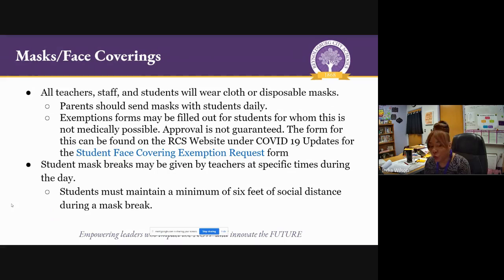But you are invited to go to the COVID-19 site on our page. It's in big red letters on the district website, and look for the Student Face Covering Exemption Request form. Teachers will give students a mask break from time to time throughout the day. And when that happens, there will be social distancing enforced during the mask break.